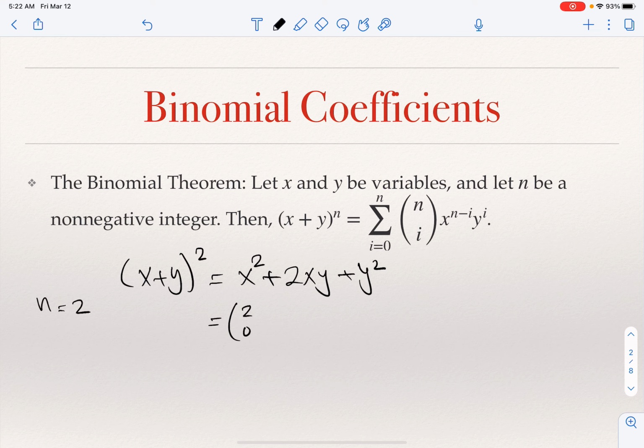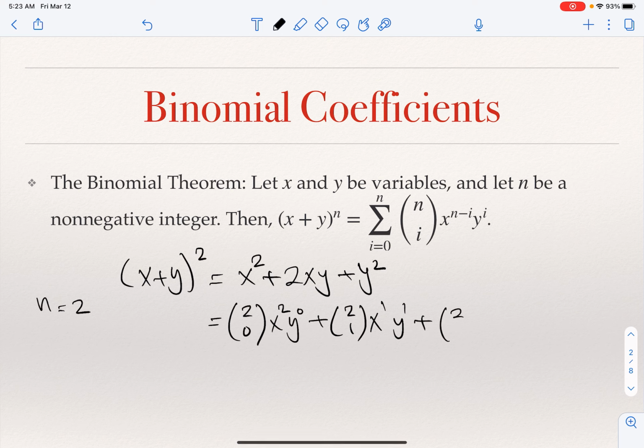So this is 2 choose 0, x squared, y to the 0, plus 2 choose 1, x to the first, y to the first, plus 2 choose 2, x to the 0, y squared.